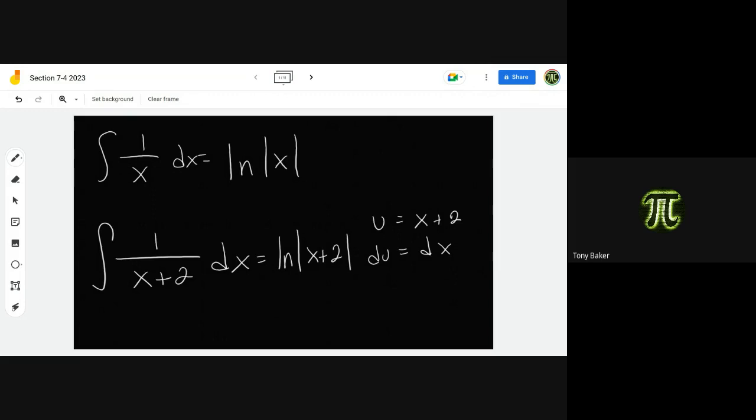So it ends up becoming the exact same thing as the integral of 1 over u, which is ln of x plus 2. Good.